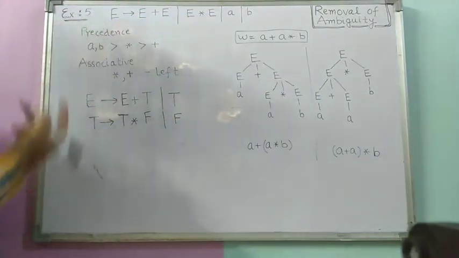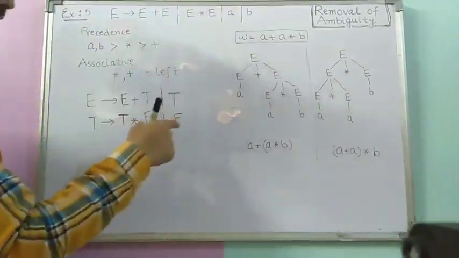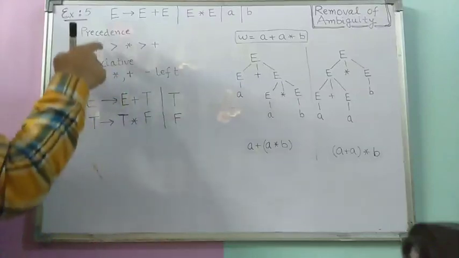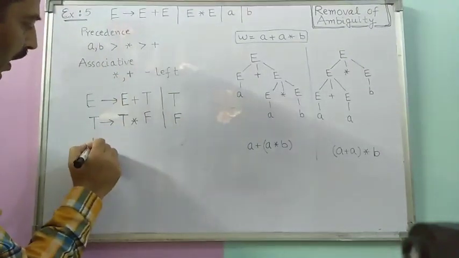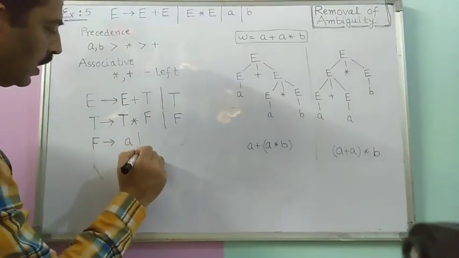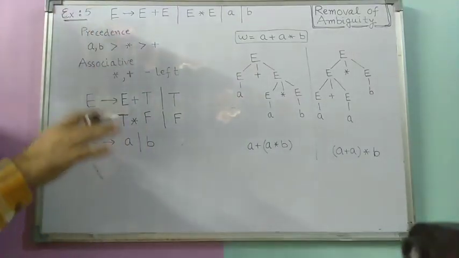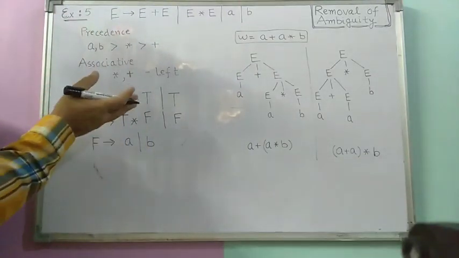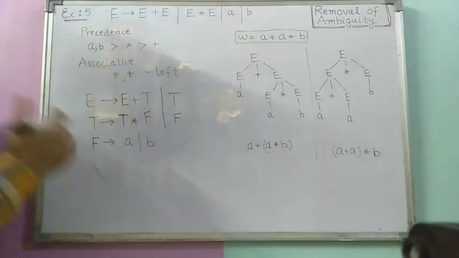The next level is simply the operators A and B. Here E was directly deriving A and B, but now A and B will be derived from F because these have the highest precedence. So through this F, we will be deriving either A or B. In this manner, we will be writing the grammar. What we have learned up till now: precedence we will be handling with the help of levels.